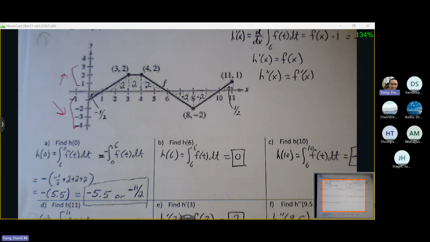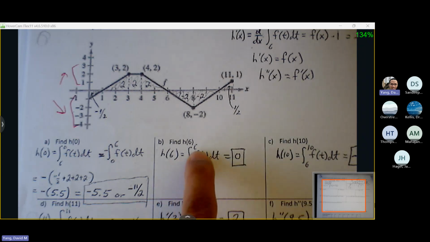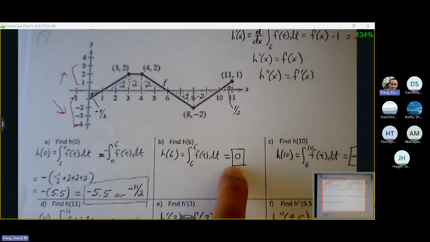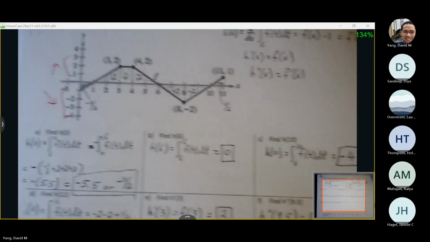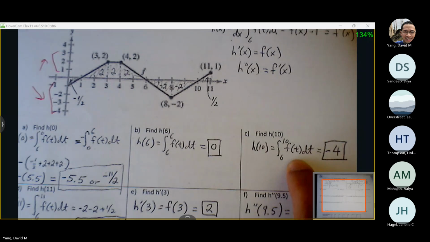Part B, h of 6. Well, upper bound 6 and lower bound 6 are going to be the same number, so there's no width. Width is 0, so my area is also going to be 0. H of 10, going from 6 to 10.